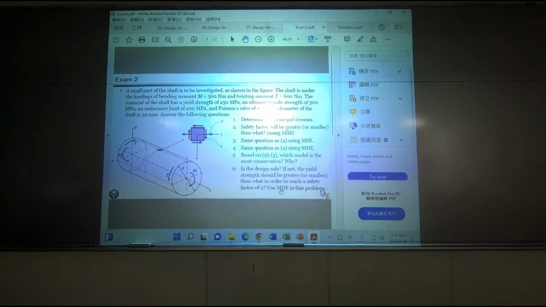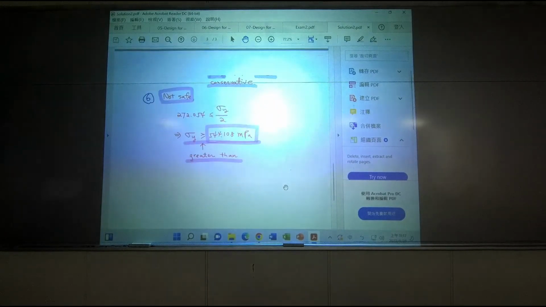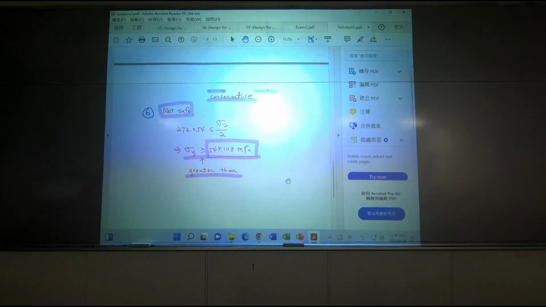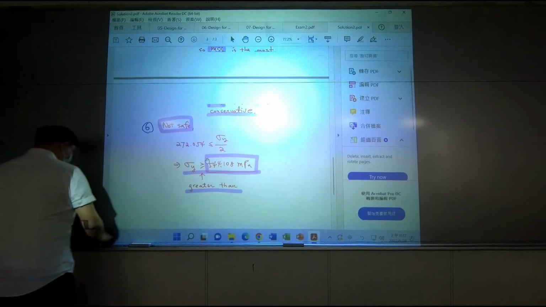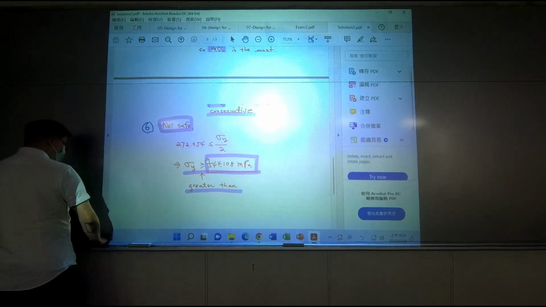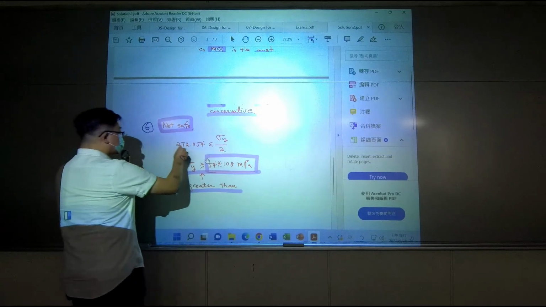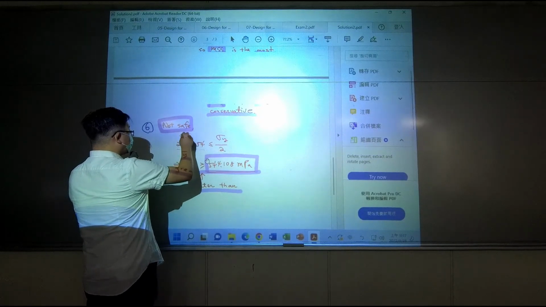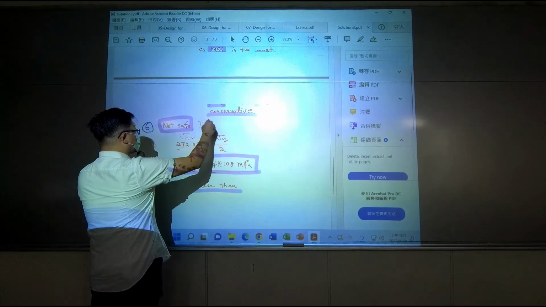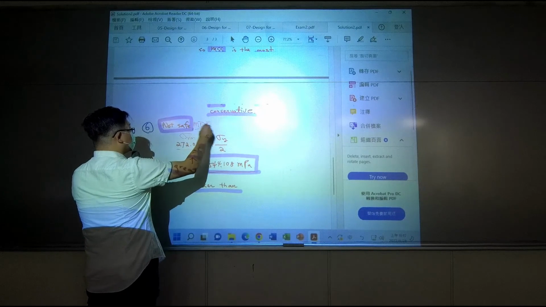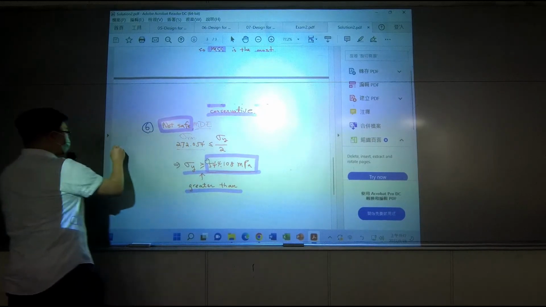And in this one, let's use distortion energy model for the problem. So how do we solve it? Basically, we already have, what is this? This is basically the von Mises stress because this is using the distortion energy model. So remember we have this.